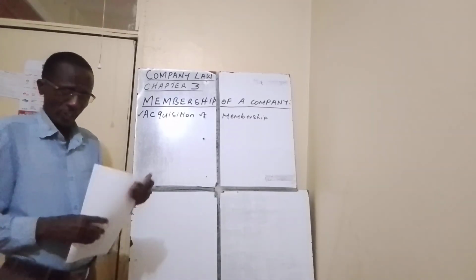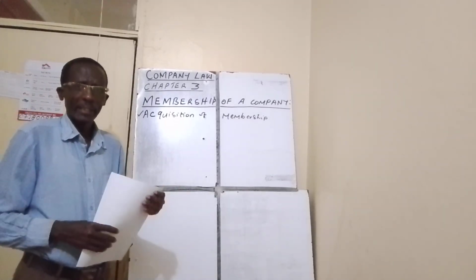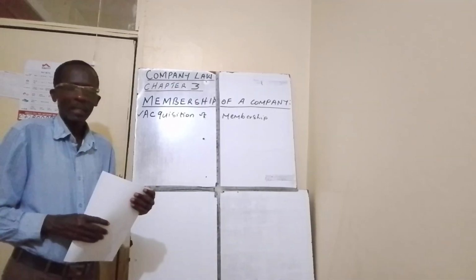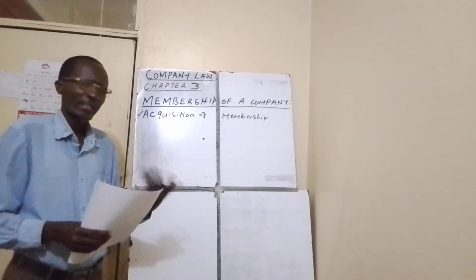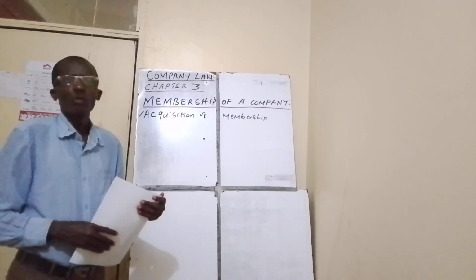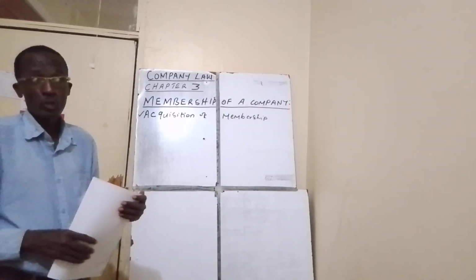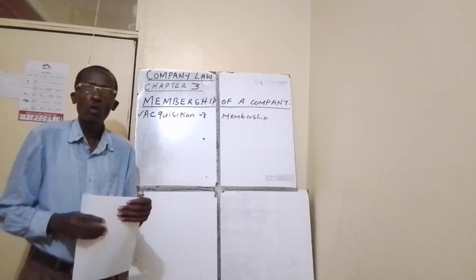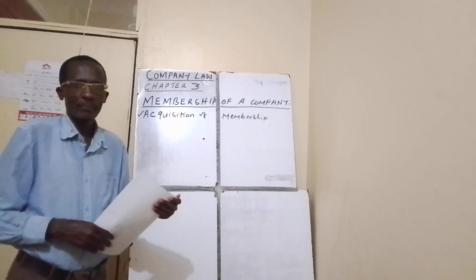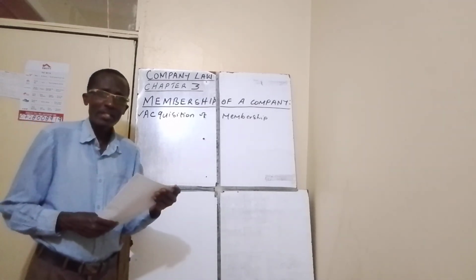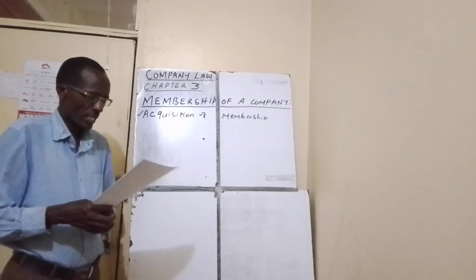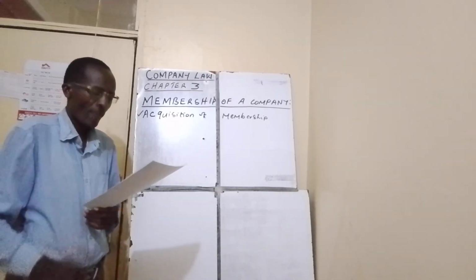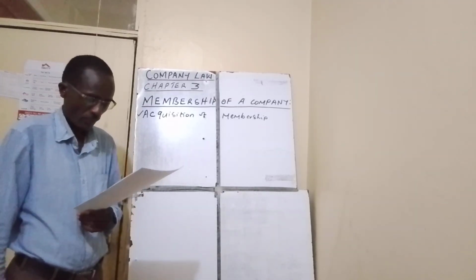We looked at the contents of MOA, like the name clause, the capital clause, the limited liability clause, the object clause, among others. So we've done the Memorandum of Association and we know what it really is. So here, one of the ways of becoming a member of a company is subscribing to the Memorandum of Association.